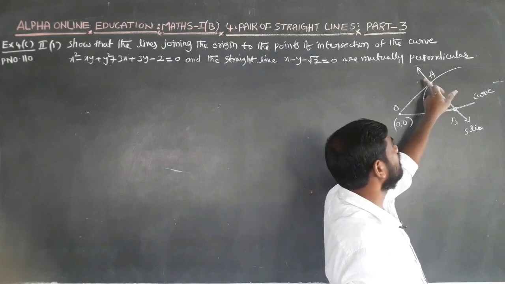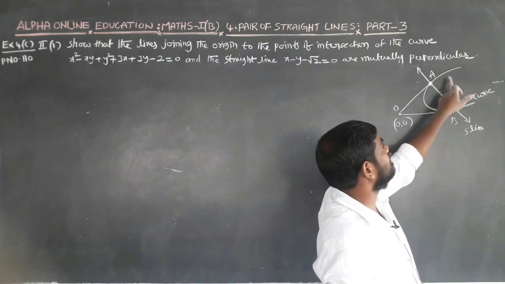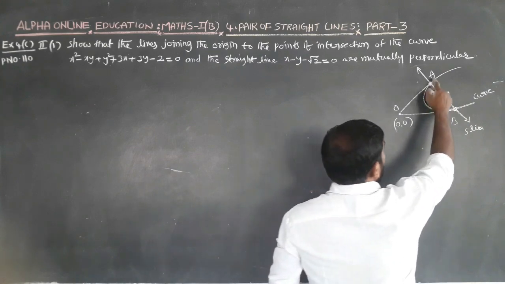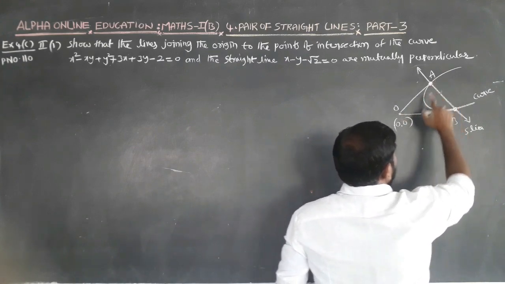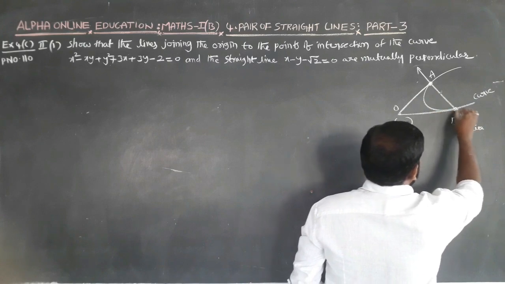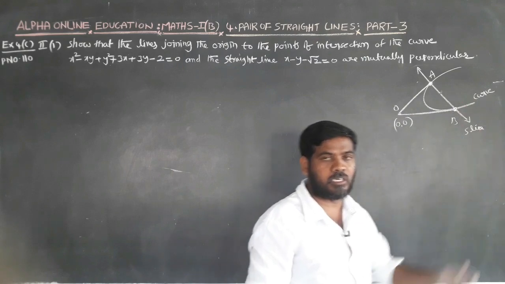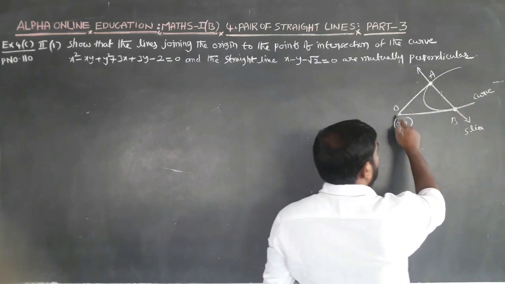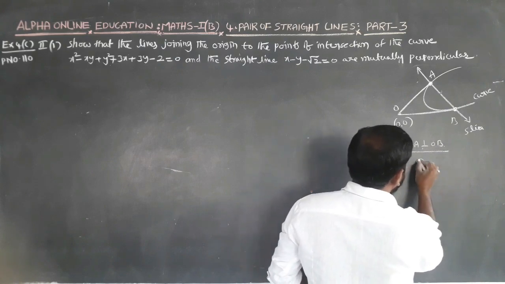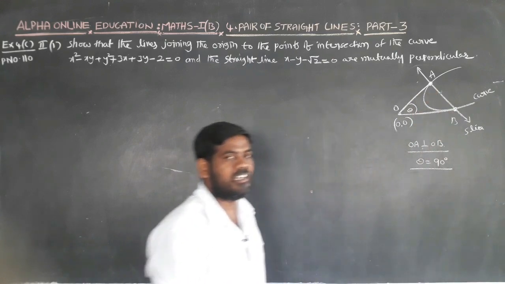Here the straight line intersects the curve at capital A and capital B. Joining O and A and O and B, these are the lines OA and OB joining the origin to the points of intersection of the curve and line. Here we prove that the line OA is perpendicular to OB. Means we prove that the angle between the two lines is 90 degrees.